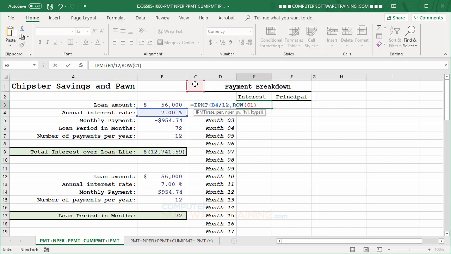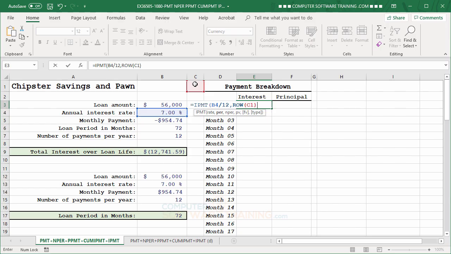If I did that separately off to the side of the worksheet and typed in equal ROW and C1 and hit the enter key, I would get back the number 1, because it's telling you what row number C1 is. Well, C1 is on row 1. If I were to put in F2, then what row is F2 on? 2.